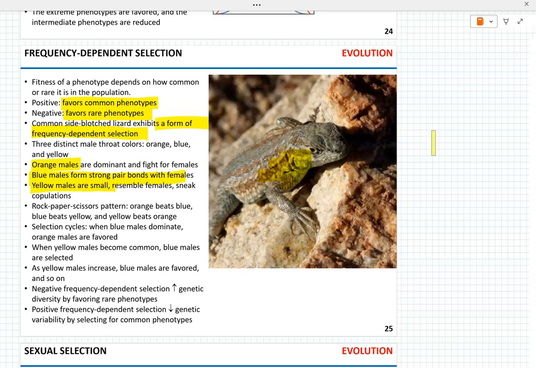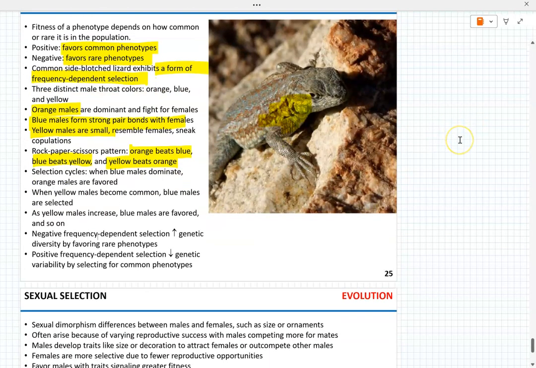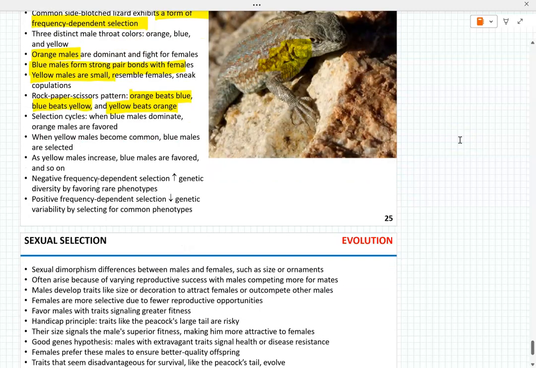They look like females and they can sneak in and copulate. So basically, this is a rock, paper, scissors pattern. Orange has an advantage over blue, blue has an advantage over yellow, and yellow has an advantage over orange, which means that the population of these lizards goes through cycles.